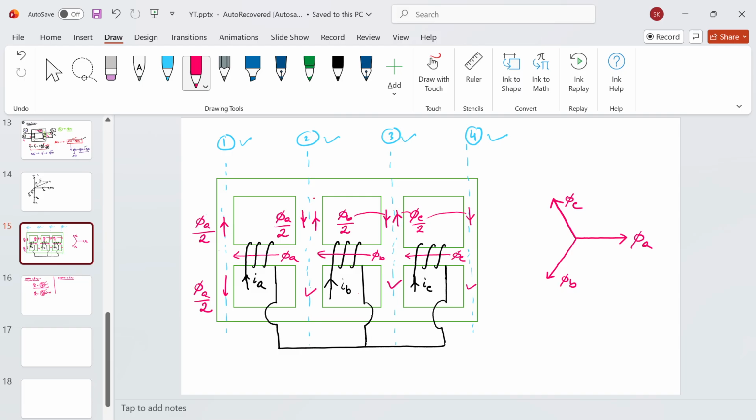Now let's check section 2. One flux is flowing in the downward direction, another in the upward direction. So the net flux in section 2: phi A by 2 is flowing in one direction and another is flowing in the opposite direction, so I should say minus phi B by 2 is flowing in the downward direction.